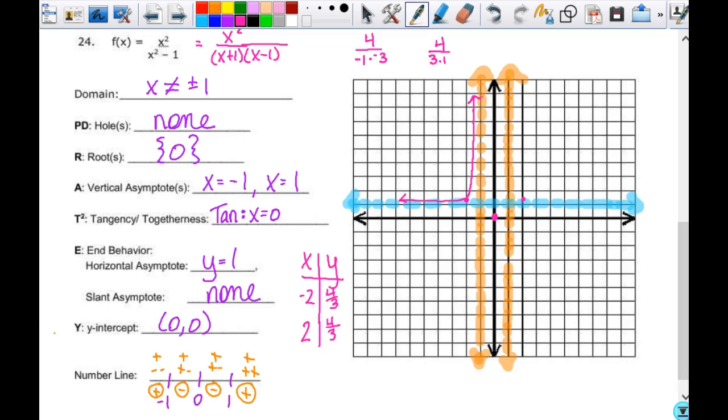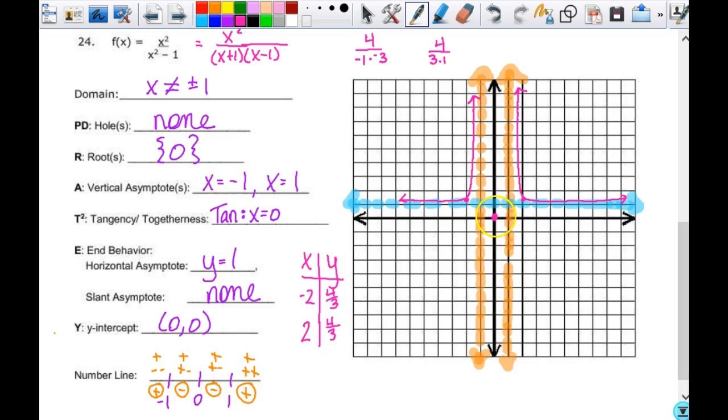Now the middle is always where it gets a little weird, so let's go on the other side first. I know that from positive 1 to infinity, I am positive the whole time. So it's got to come like this, from up here, something like that. Now between my asymptotes, between negative 1 and 1, I'm negative the whole time.